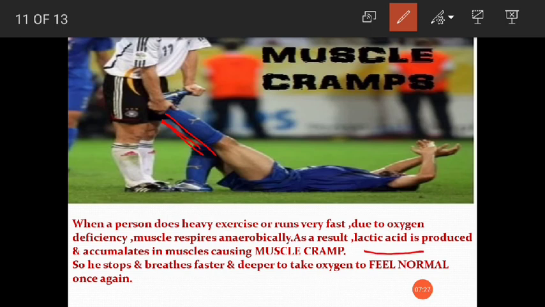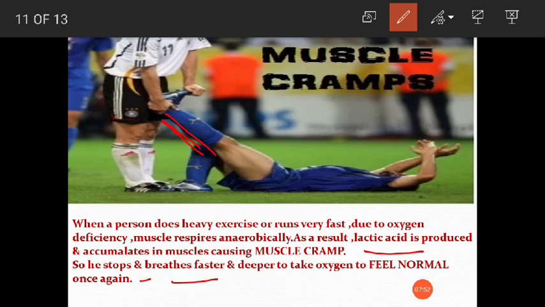Lactic acid is produced and it starts accumulating, and this causes muscle cramp. So what happens? After running for a certain distance, after having muscle cramp, one stops and breathes very fast to take in oxygen and feel normal.